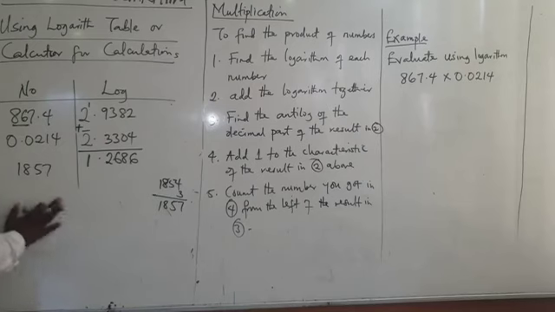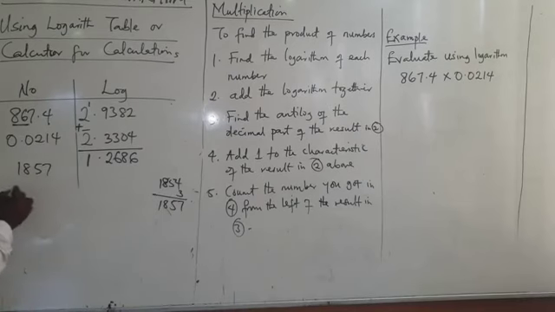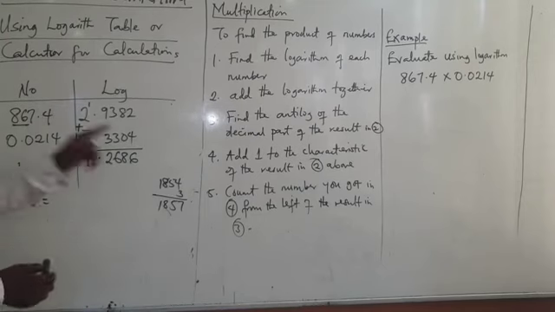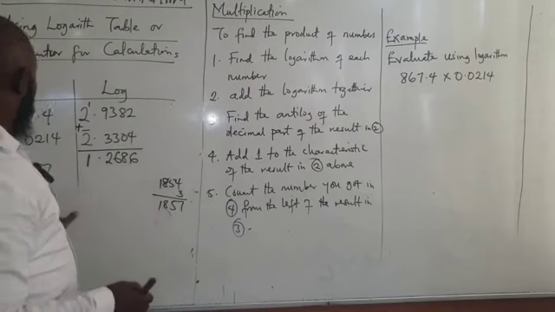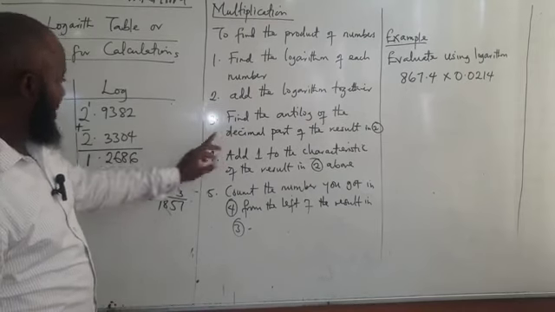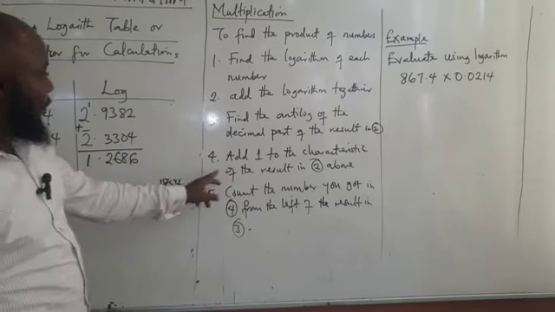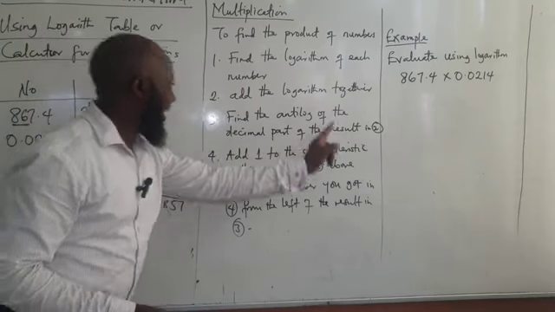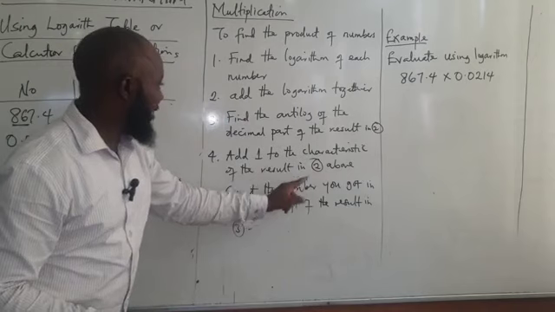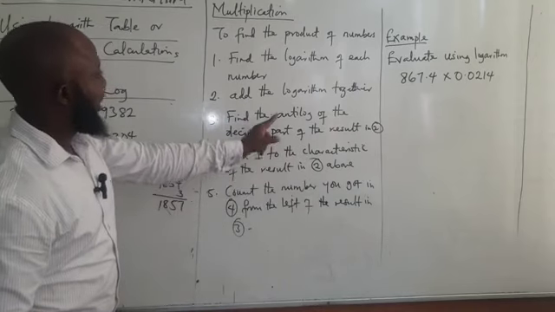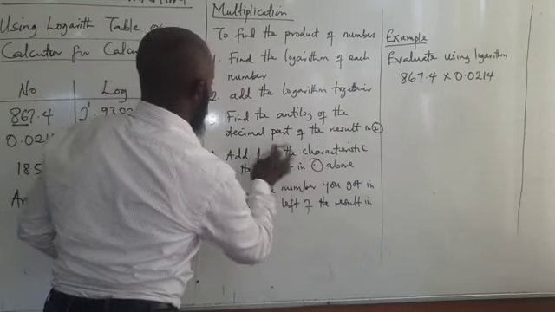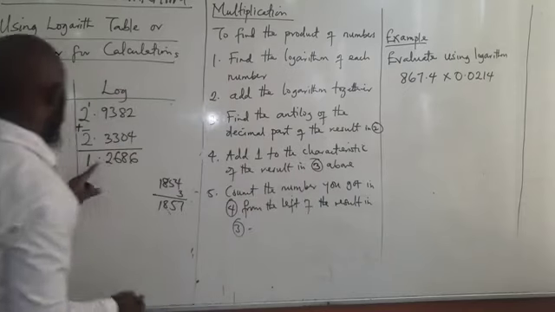Now that is that, but that's not the final answer. Because we have this top part, are we going to throw it away? No, we are not going to throw it away. Don't forget what I told you here under this one. That is step 3, with step 4. The characteristic part of the result in 3, we are going to add 1.